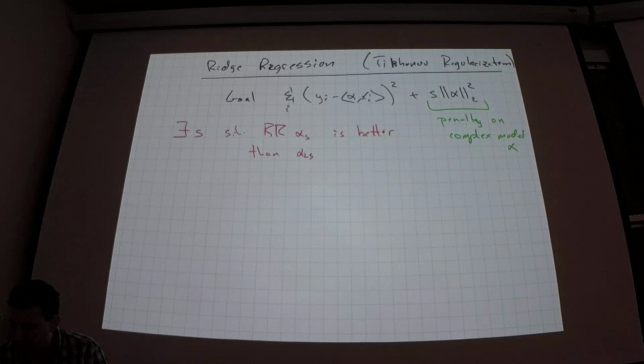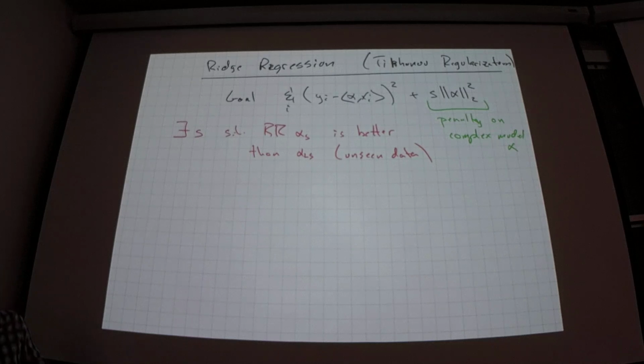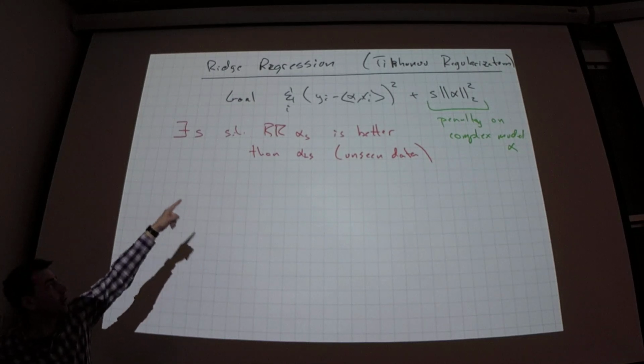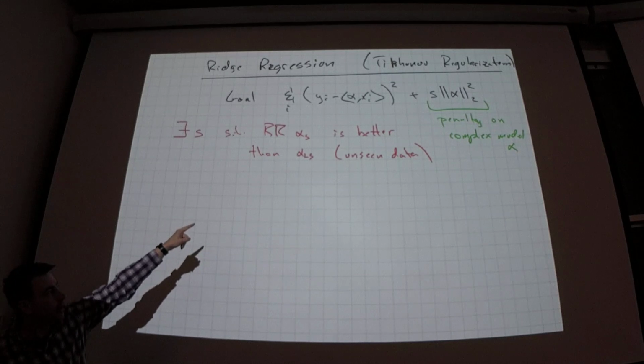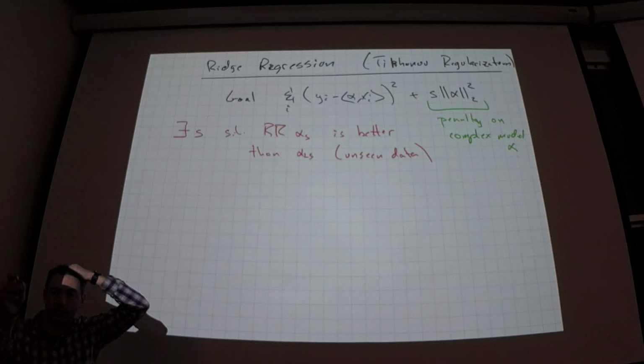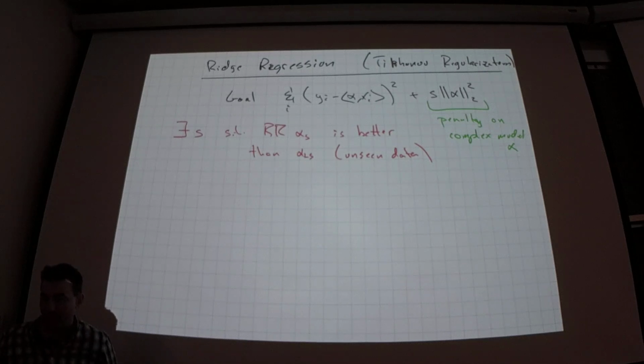So this is basically on unseen data, which we'll formalize next week with cross-validation. But if you think this data has come from some unseen distribution that you've drawn samples from, there exists some S where the alpha S I learned with this model will do better than what I would find with just ordinary least squares. How do you determine S then?